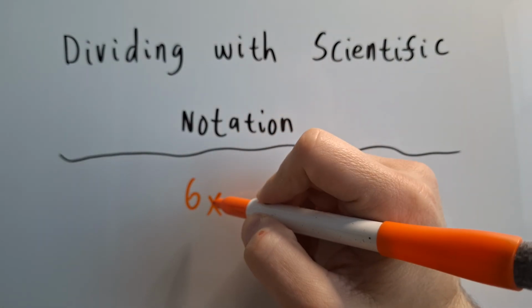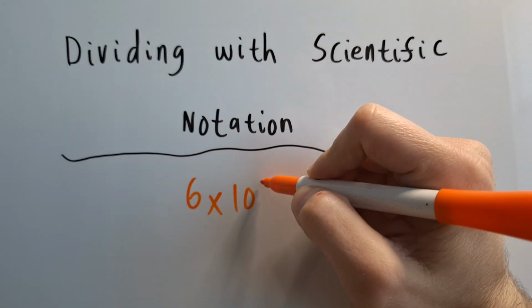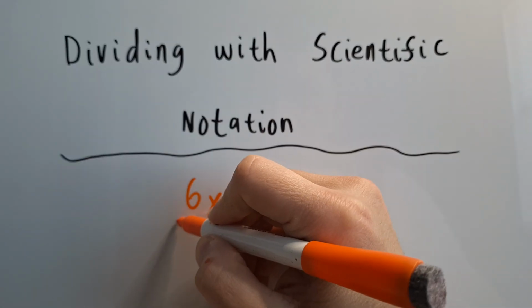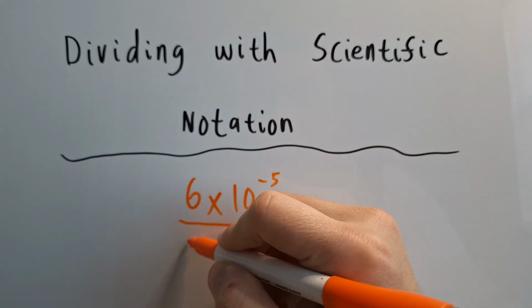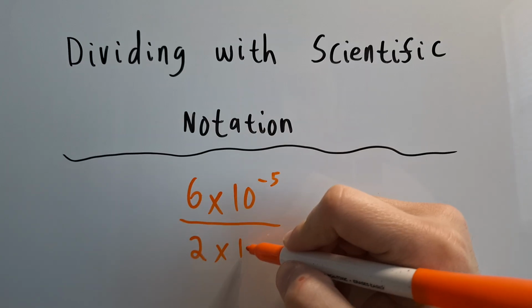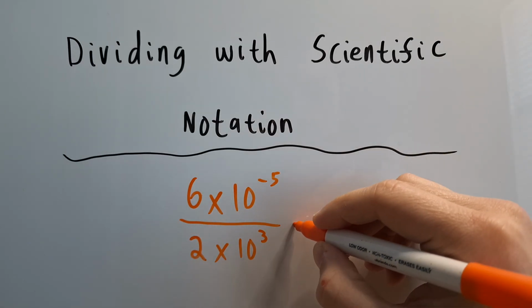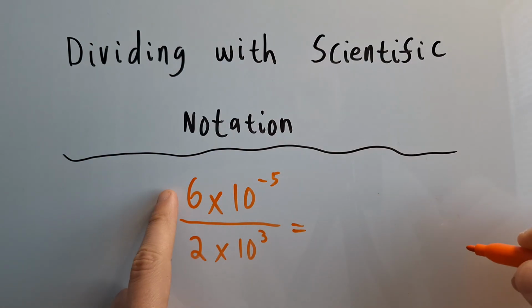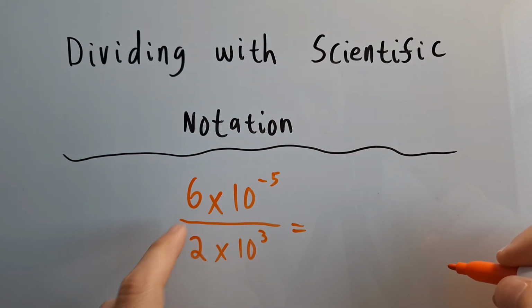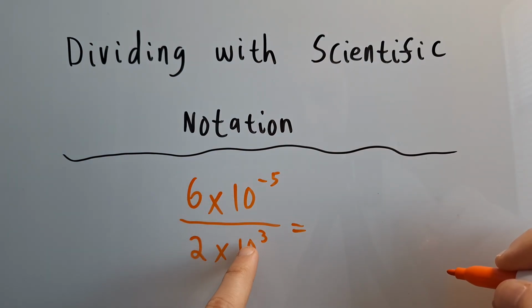Let's say I had 6 times 10 to the power of -5, and I'm dividing this by 2 times 10 to the power of 3. Put the whole numbers together, and then put the powers of 10 together.